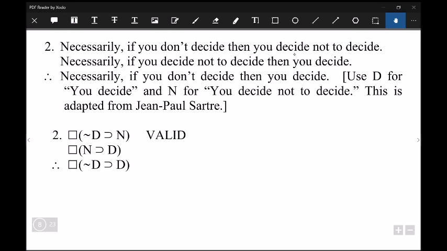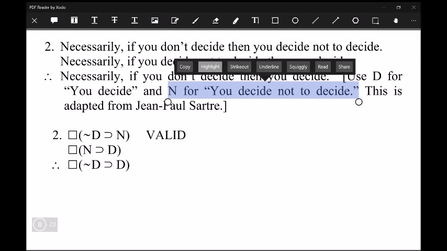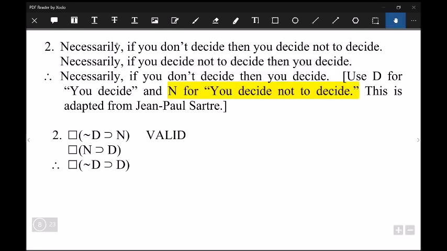Necessarily, if you don't decide, then you decide not to decide. Not D means you don't decide, N means you decide not to decide. That's a little tricky. So N means you decide not to decide. Okay. So let necessarily box, if you don't decide, then you decide not to decide.